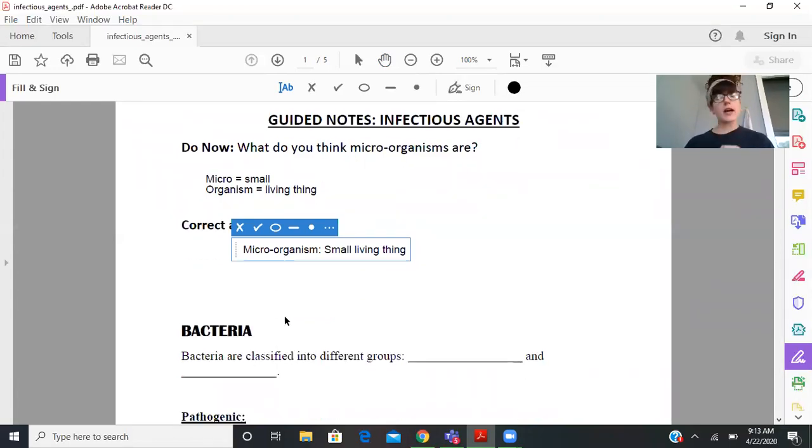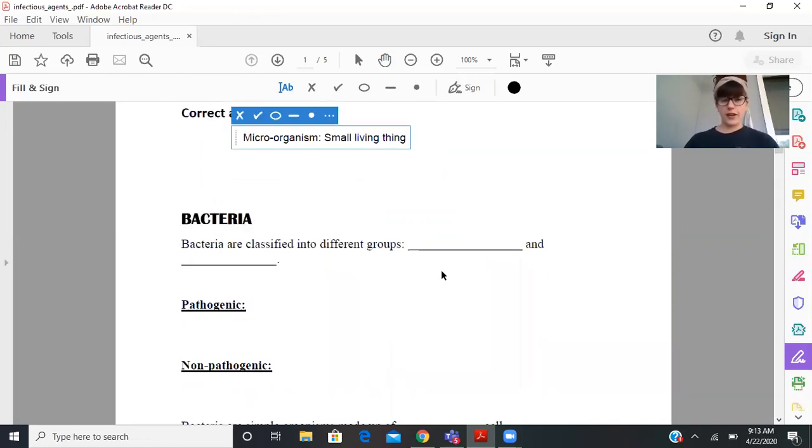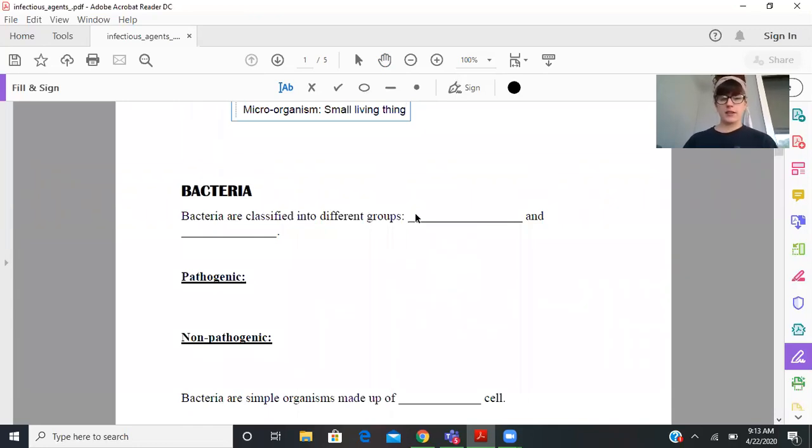There are four different kinds of infectious agents that we're going to be talking about. The first is bacteria, and we have two different kinds of bacteria. The first kind is pathogenic, and the second kind is non-pathogenic. You may have heard the word pathogen before.